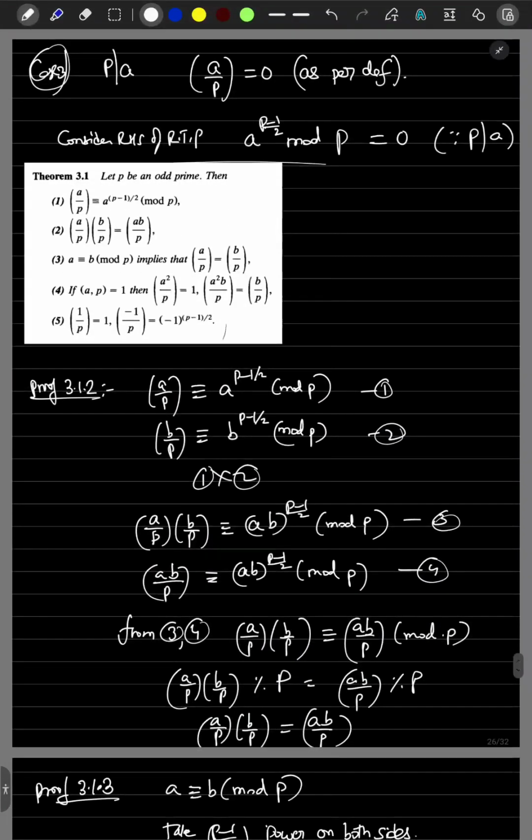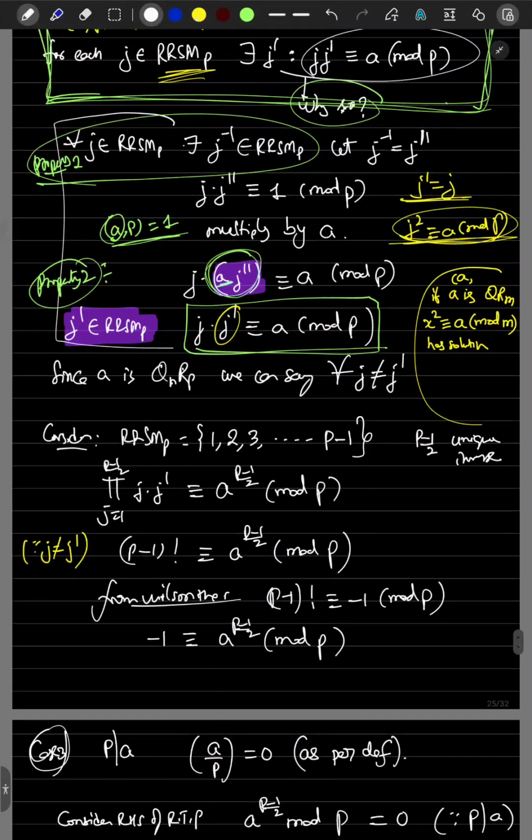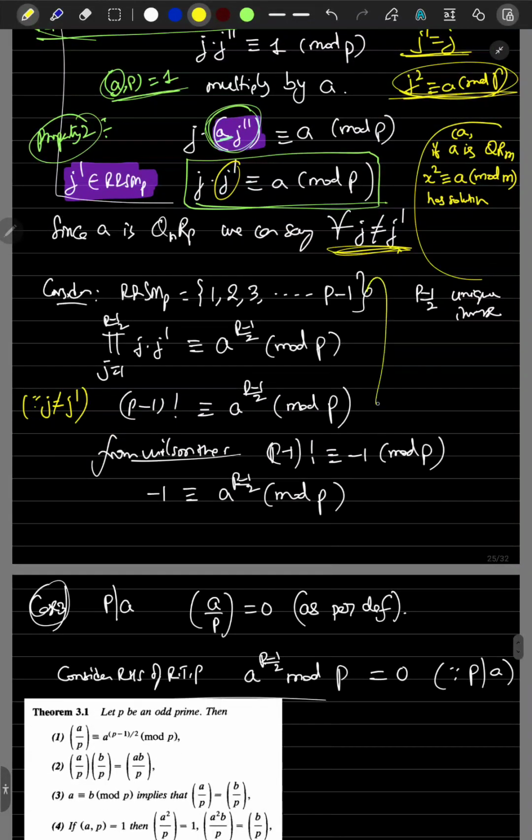So finally, what we concluded is that this has happened. Finally, let's go to the real maza. Now we have the RRSM of 1, 2, 3 up to P. Now I am applying the product pi, taking all the elements from J equals 1 to P minus 1 by 2, multiplying each and every element.